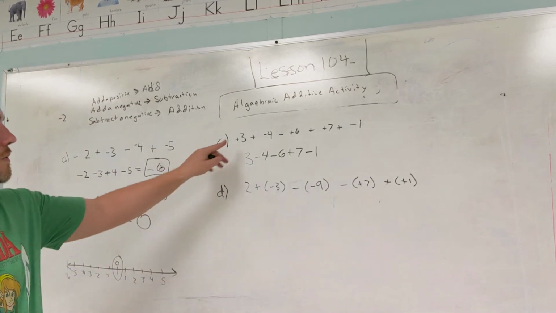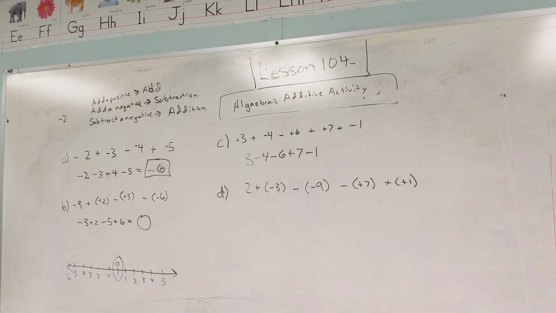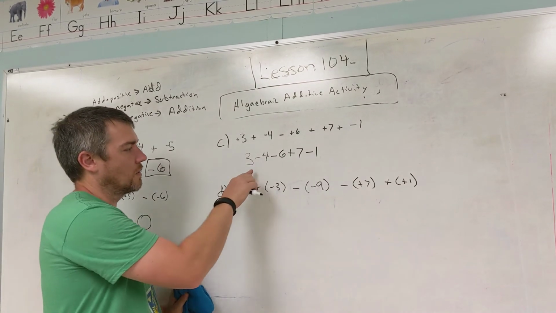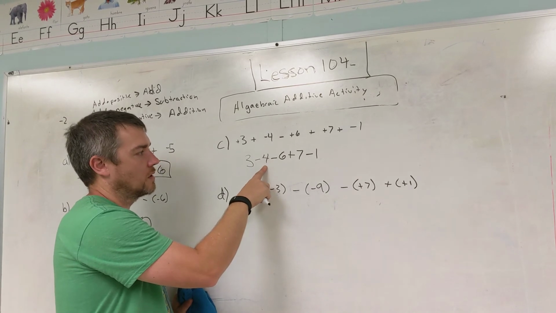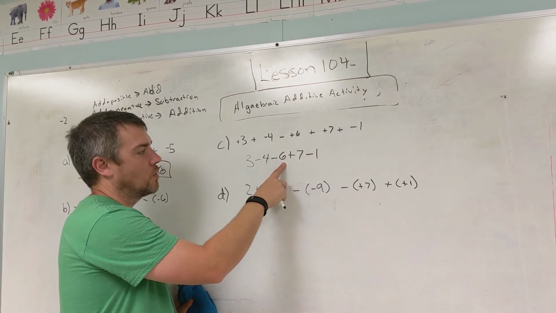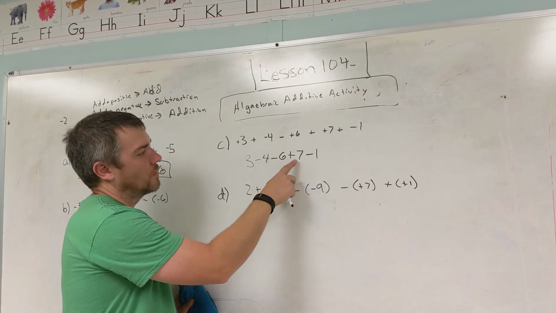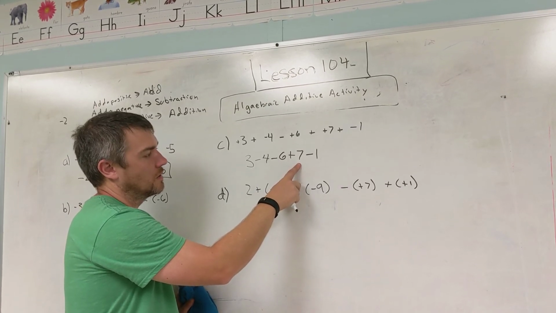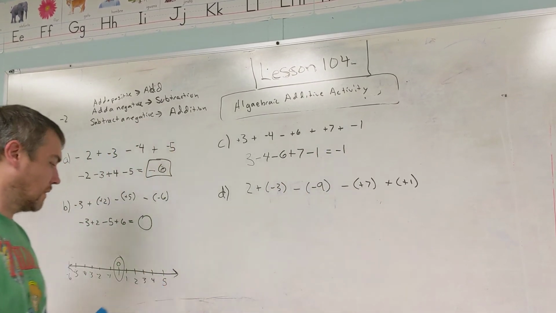Okay, so we've greatly simplified all these positives, negatives, and subtraction signs. Let's try and do this in our head real quick. So if I have 3 and then minus 4, that would get us to negative 1. And then minus 6 more would get us to negative 7. And then plus 7, that would get us to 0. And then minus 1, that would take us back down to negative 1.